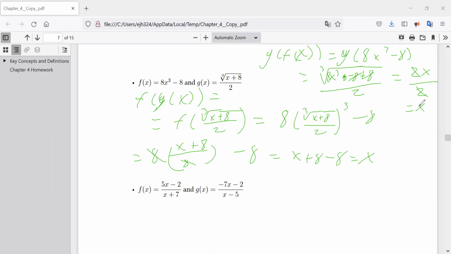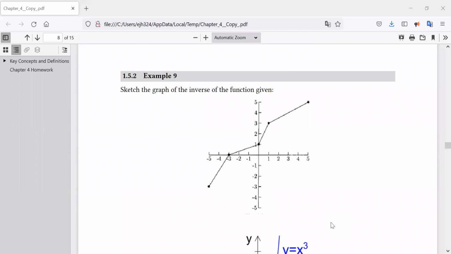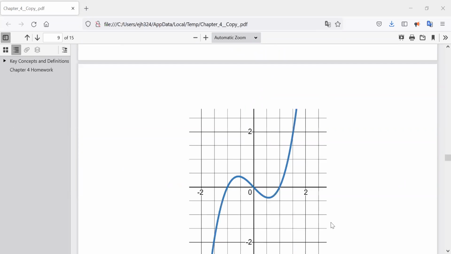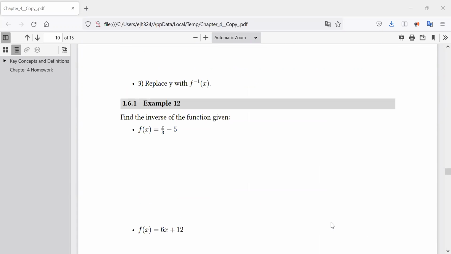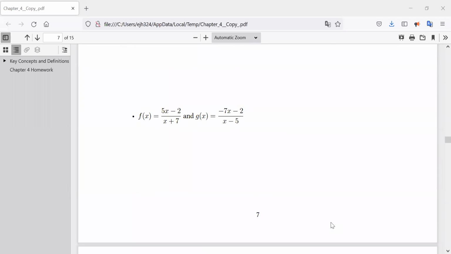Sometimes the algebra will be a lot easier in one direction than the other. So it might make sense to do it in one direction, but either direction should work. Does this make sense? Cool. So I'm just gonna let you guys do this last one.